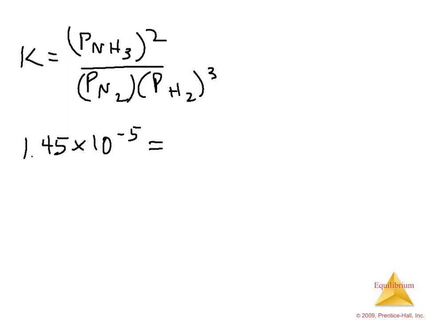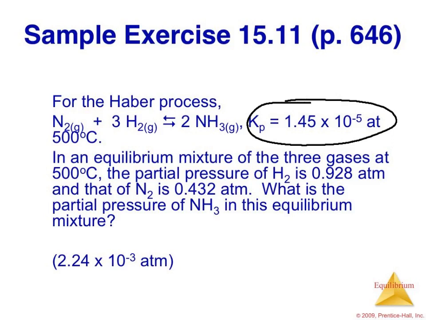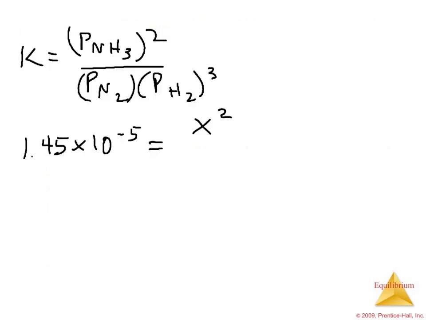is equal to the pressure of the NH3. That's what we don't know at this point. That's what they're asking us for, so I'm just going to call that X. Now X is squared because of the expression.